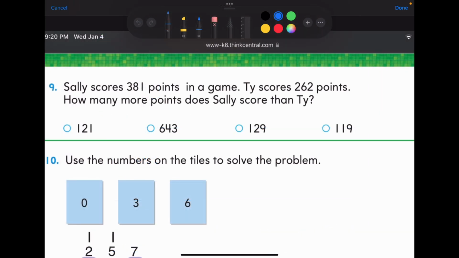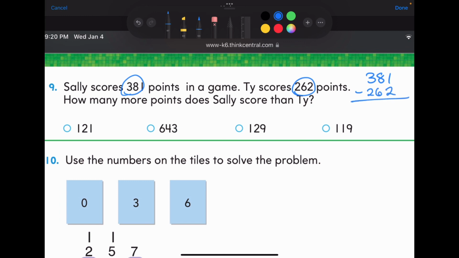Number 9 says, Sally scores 381 points in a game. I'm going to circle 381. Ty scores 262 points. How many more points does Sally score than Ty? So again, here we're just going to subtract. So we start with that bigger number, 381 minus 262.